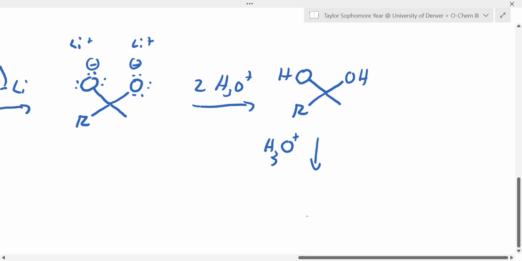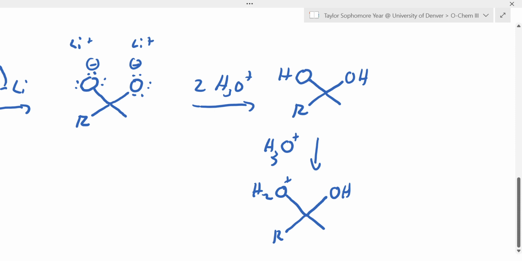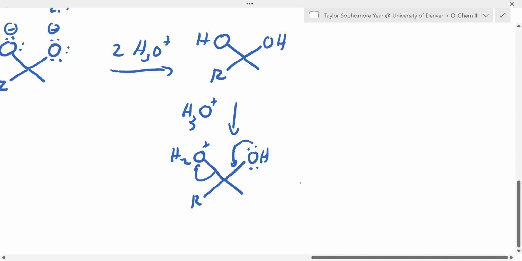So we'll take this one, so we'll have H2O plus, and now because of this positive charge, we need to find a way to take the water out once again. So with these two lone pairs, we'll create a double bond, which will essentially allow this bond to be taken out and put on the oxygen. This creates this product.